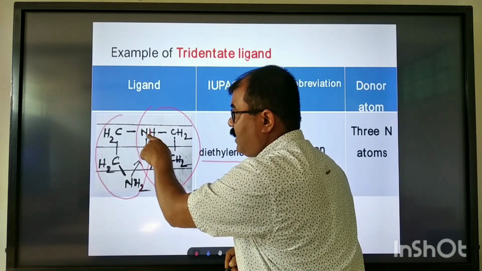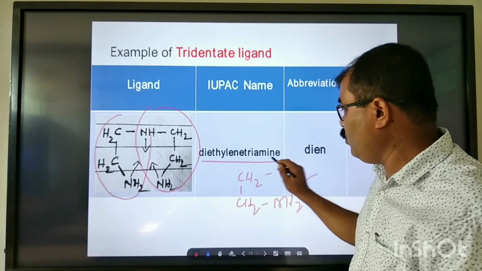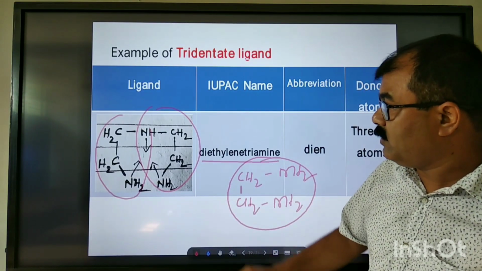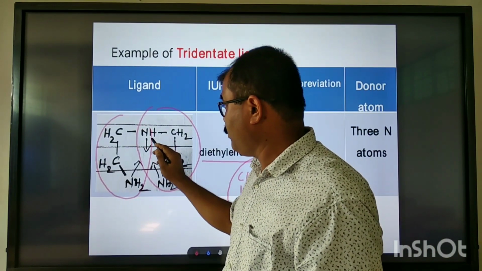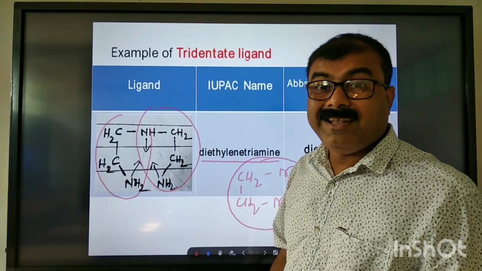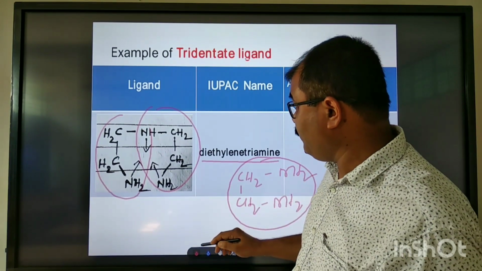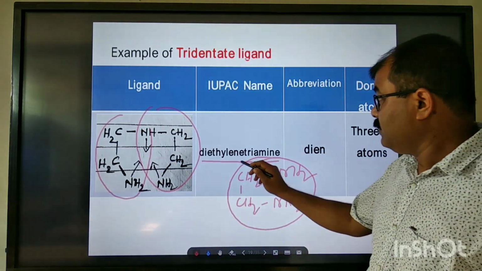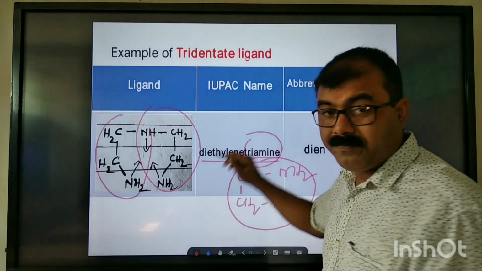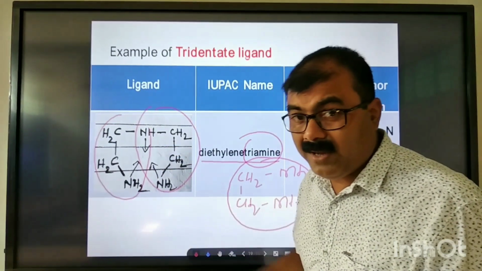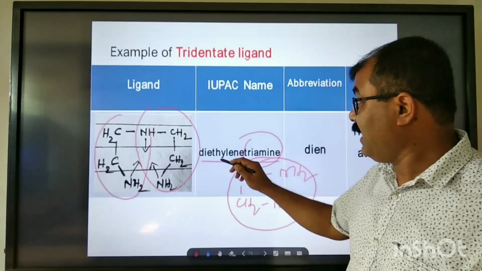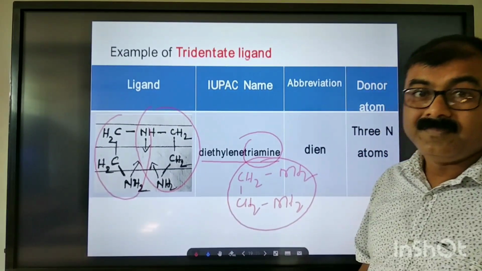The connection is through this nitrogen. If 2 such ethylene molecules are joined by this NH group, that is diethylene triamine.